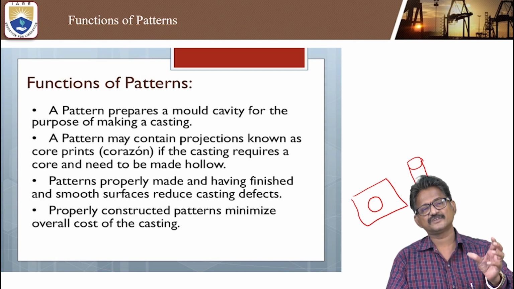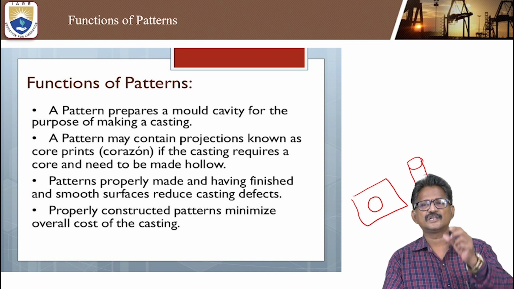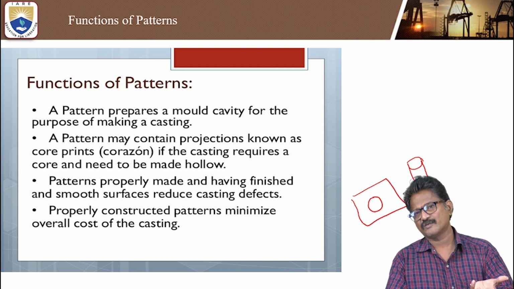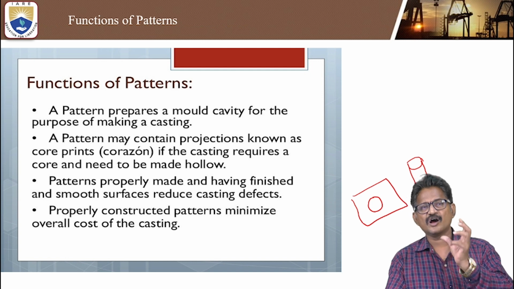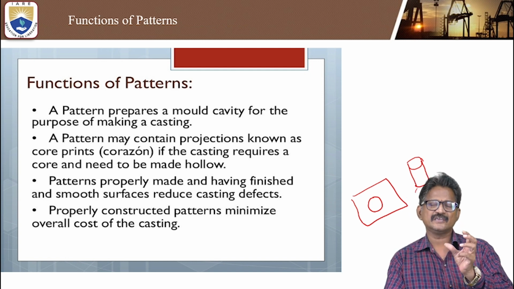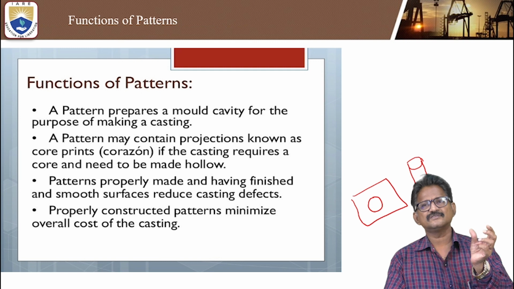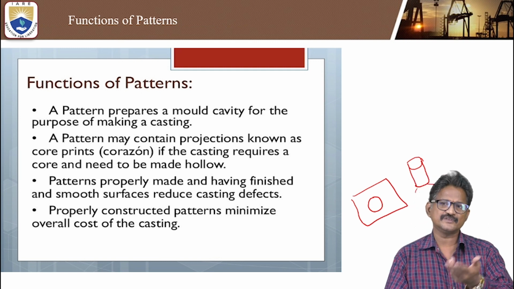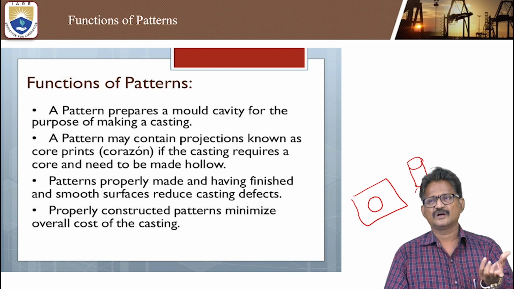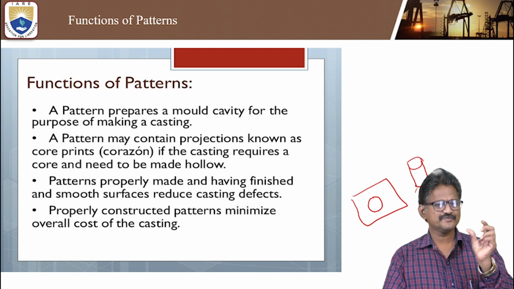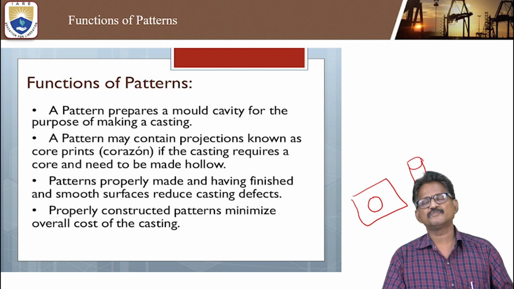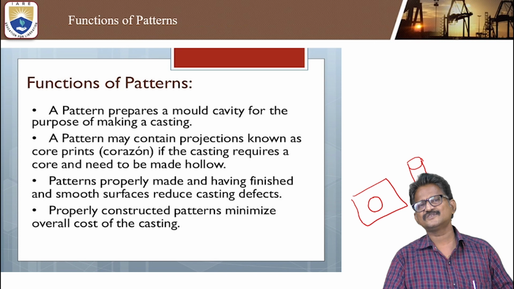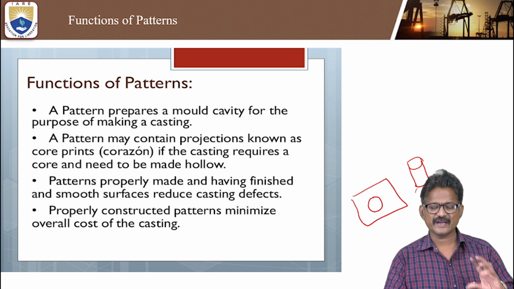For example, if you want to produce 1,000 components, or 10,000 components, or 1 lakh components, depending upon the production quantity, generally we will select the metal pattern. For more mass production, obviously you can use a metal pattern. Or if you want a limited number of components, obviously you should go for the wooden pattern. So this is about some basic functions of a pattern.